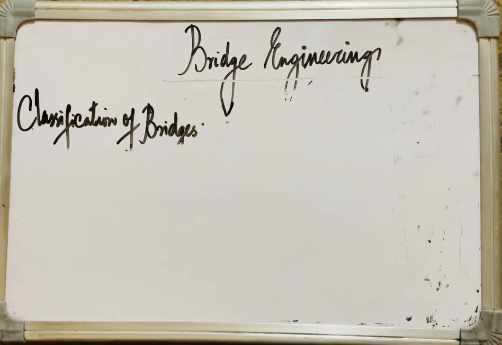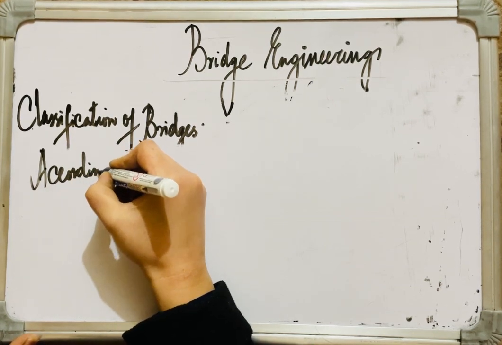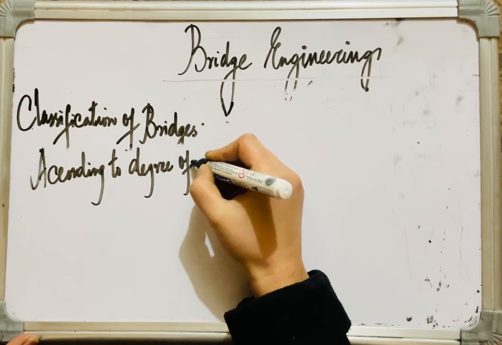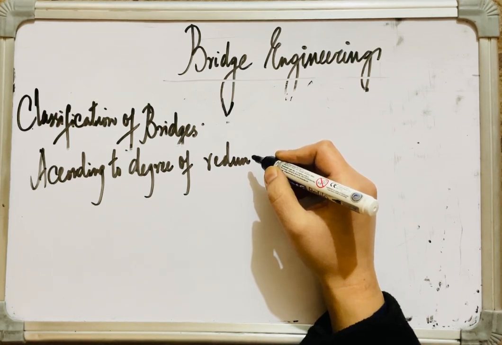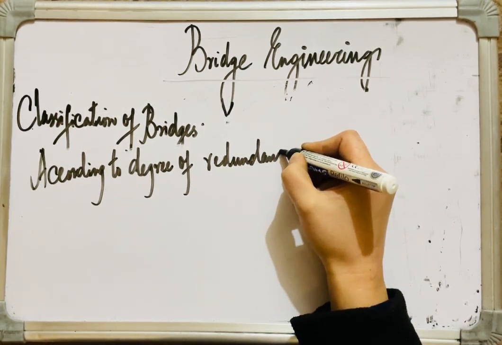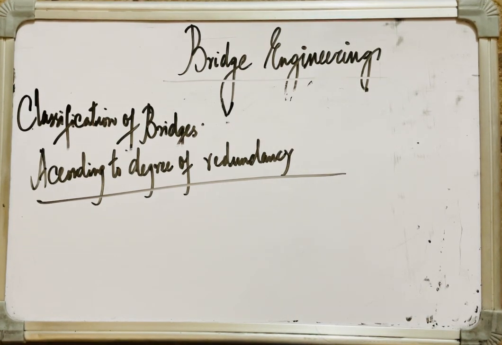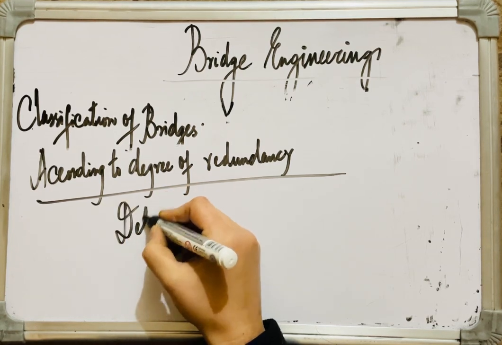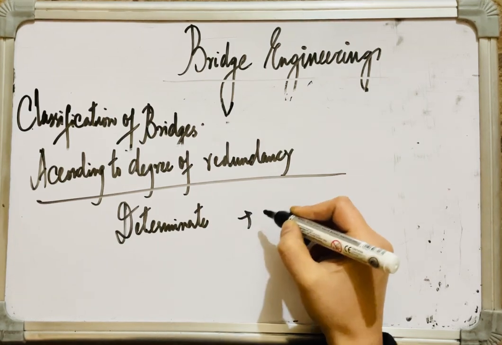All right, the next one is according to the degree of redundancy. This is the next classification. It's based on degree of redundancy, and accordingly we can have determinate or indeterminate bridges.